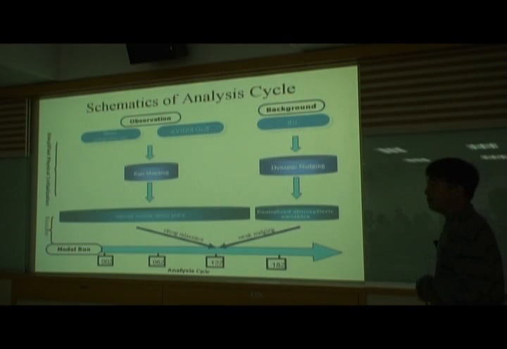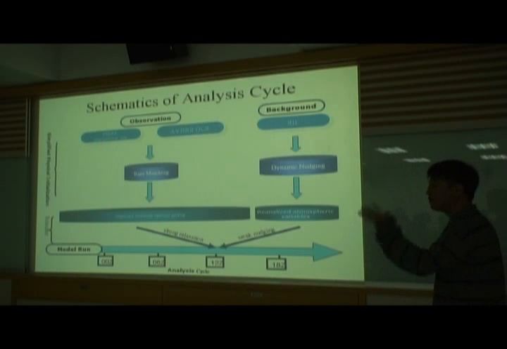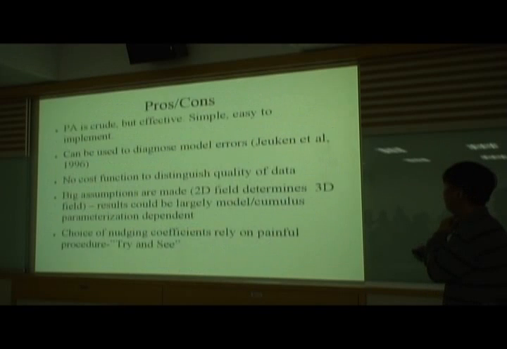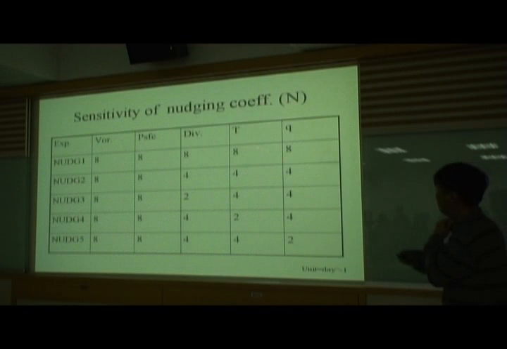So we use R2 for the humidity, the velocity, the divergence, and temperature and specific humidity, all from R2. As I showed you, this is a variable of R2.